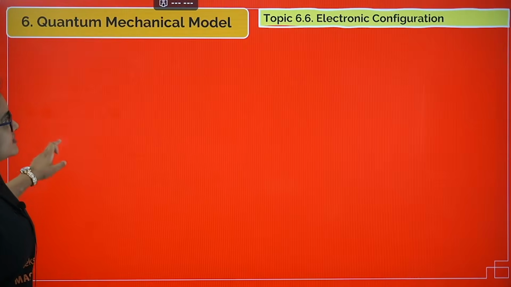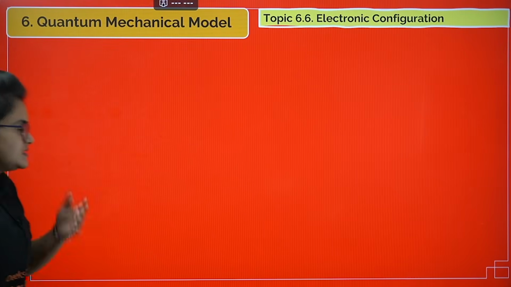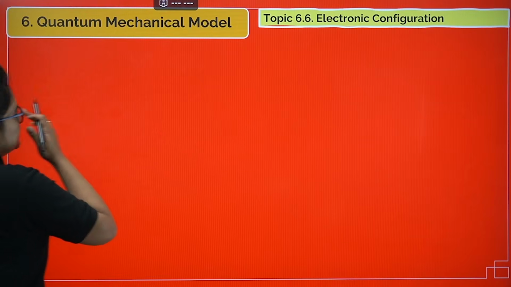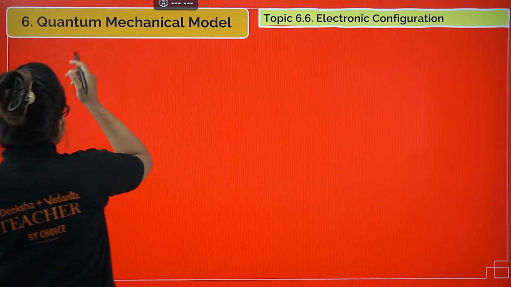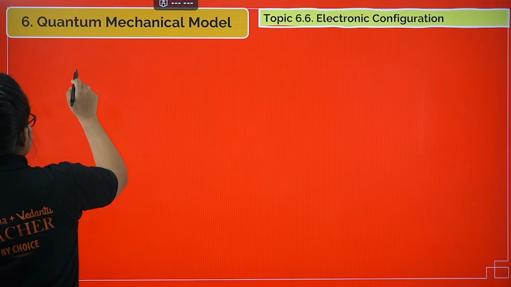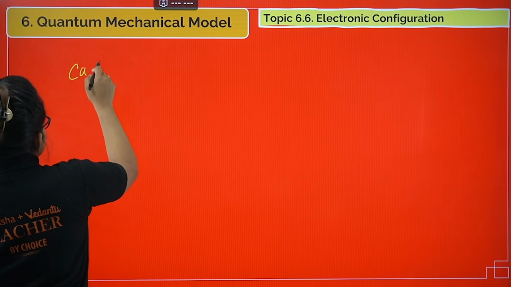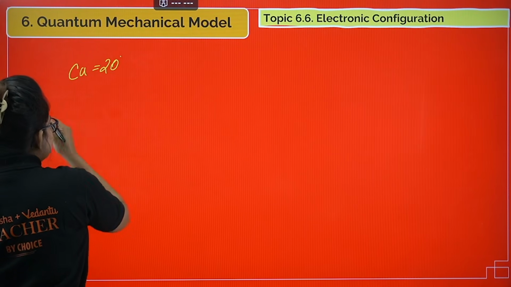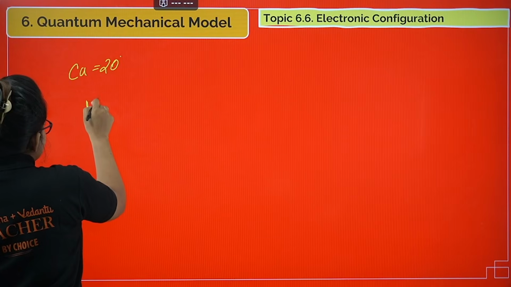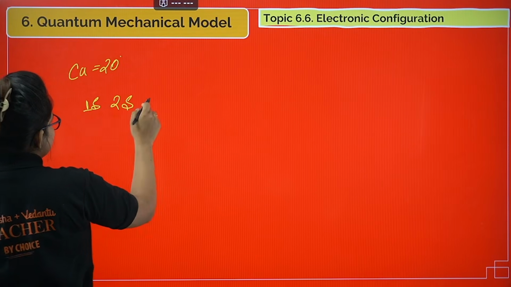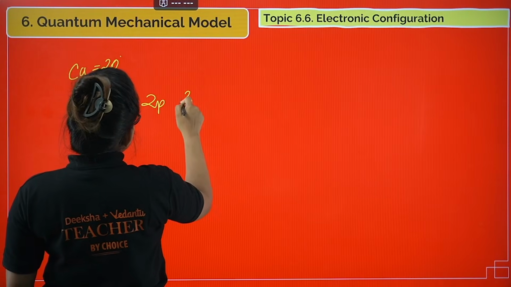Okay, let's proceed. Electronic configuration: we can discuss it one by one, like any compound. Let me take calcium, which is atomic number 20. I have to write the energy order first, in accordance with the Aufbau principle: 1s, 2s, 2p, 3s.